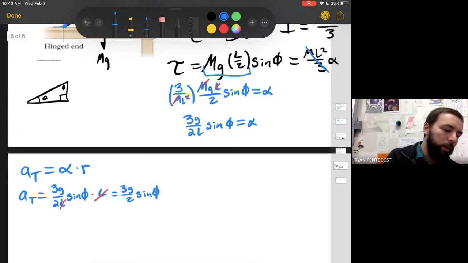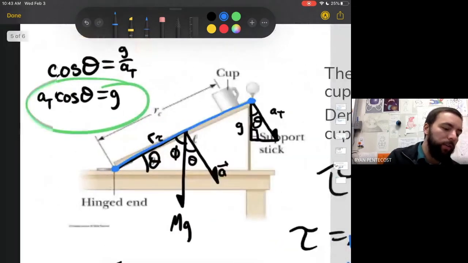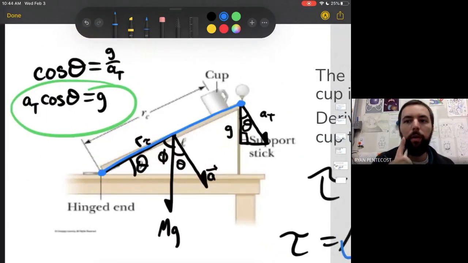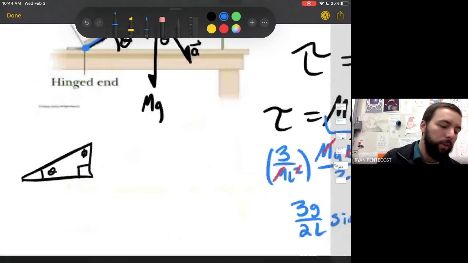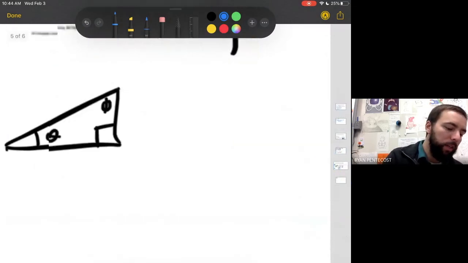Now, we are going to use that tangential acceleration with our cosine theta. But we're trying to solve for theta, the angle that this is going to work. If we throw in a phi with a theta, you're doomed. You're not going to be able to reconcile that phi in your equation. So that brings us here.